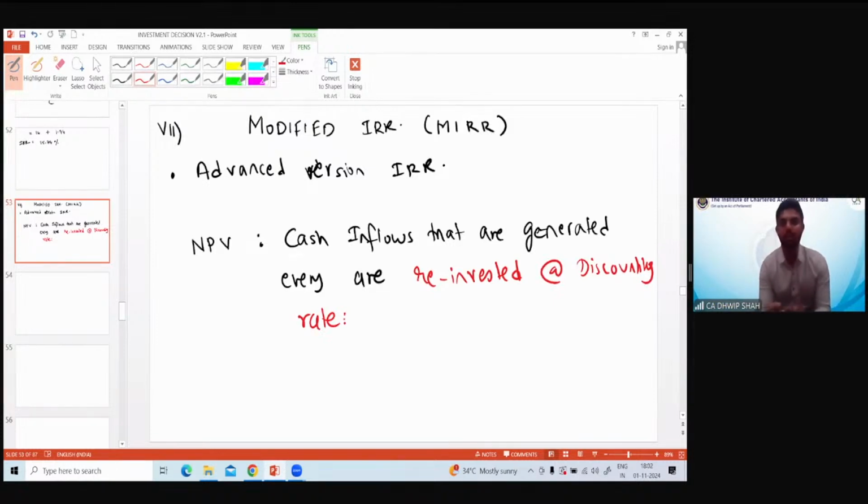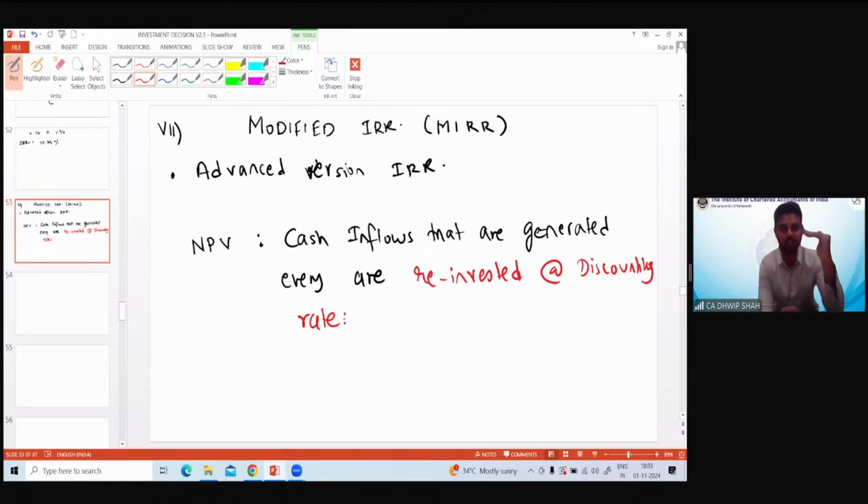What do you mean by reinvested? See, each year the project would generate cash inflows. Year 1 cash inflow, year 2 cash inflow, year 3 cash inflows, and so on till the life. Yes or no? Now, practically and logically think, will the company keep that cash inflow in the pocket or in the bank account as it is? Obviously not.